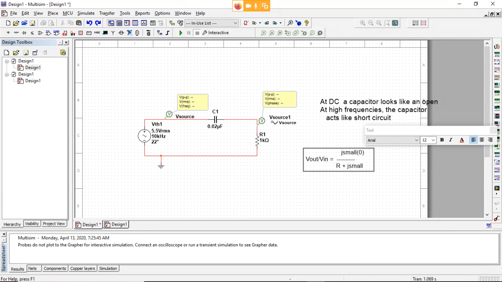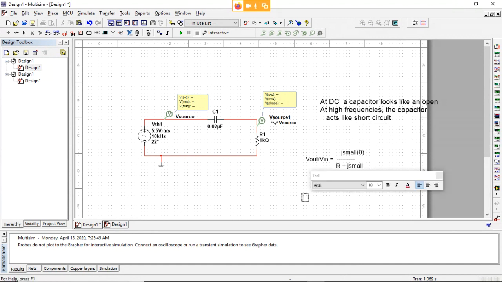R is still 1,000 ohms. So at high frequencies, you end up getting J, which should be a minus J. Sorry about that. Those should be minus J.